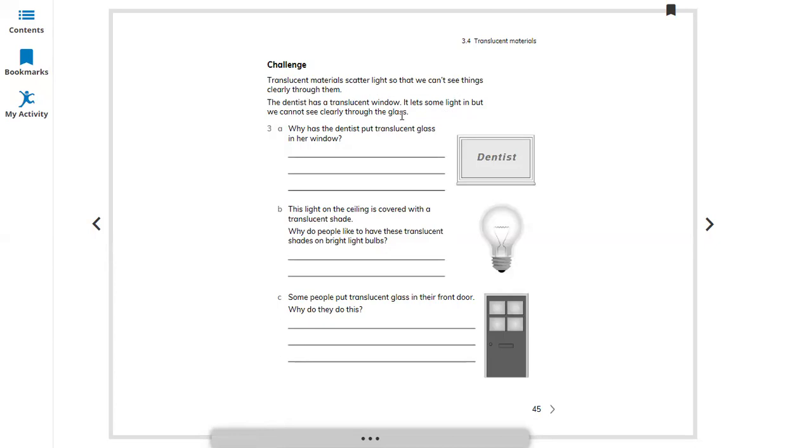Why has the dentist put translucent glass in the window? What is the reason? The dentist and her patient do not want people to see inside. If you are standing outside, you cannot see inside from the door. Mostly the patient doesn't like anyone seeing in this condition.